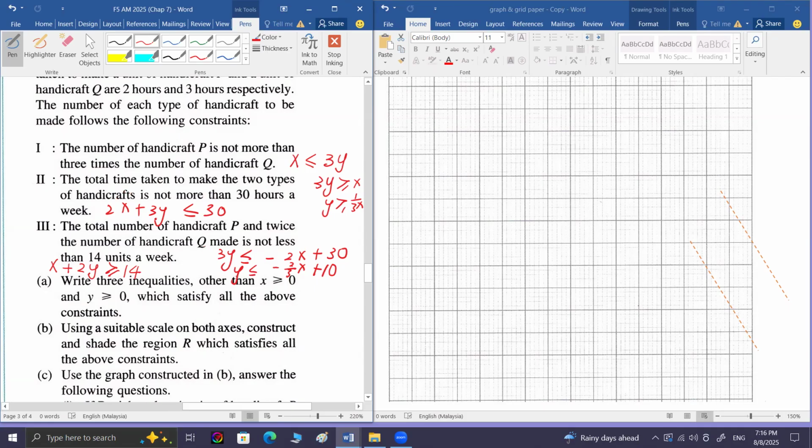Until 15, the maximum is 15, but you can have more than that. So the Y-axis until 10 will do. X-axis just now until 15. Maybe you can draw until 20, but until 15 will do.